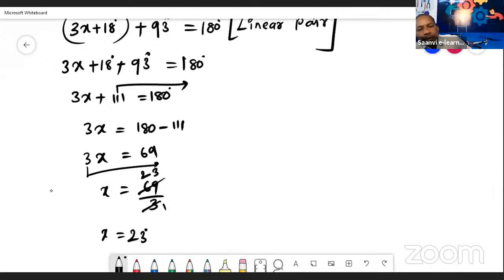Okay, x is equal to 23 degrees. So like this, by seeing the angles, we have to understand what type of angles they are, and we have to apply that condition. Okay, children?